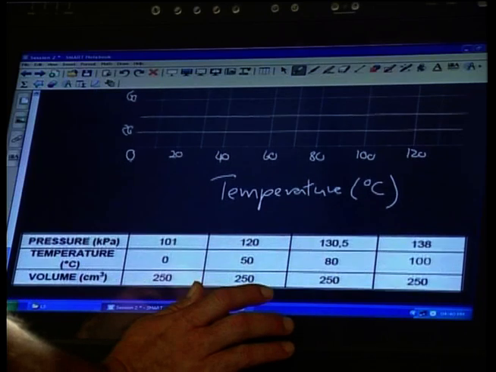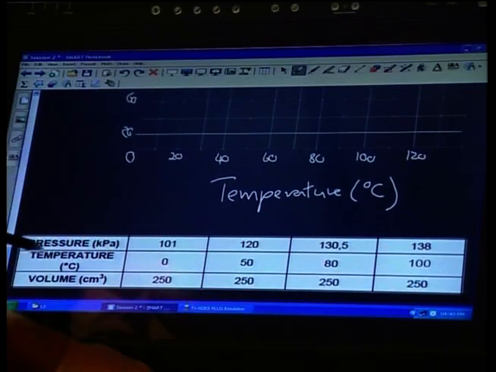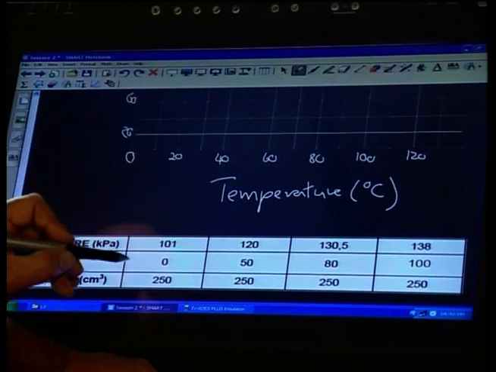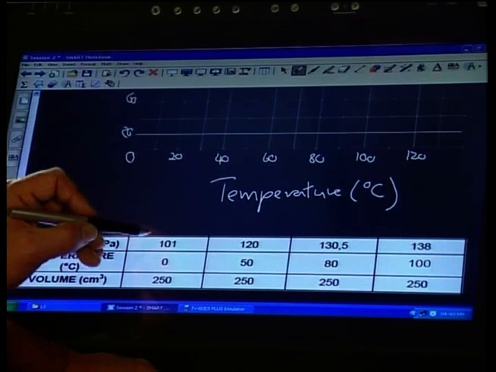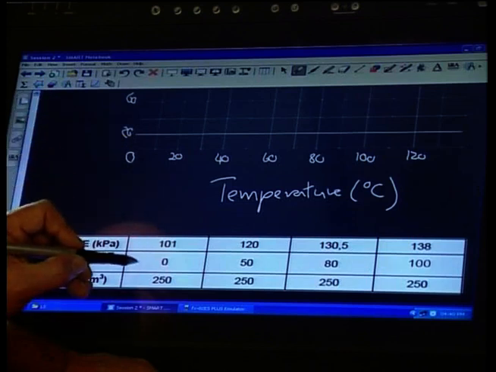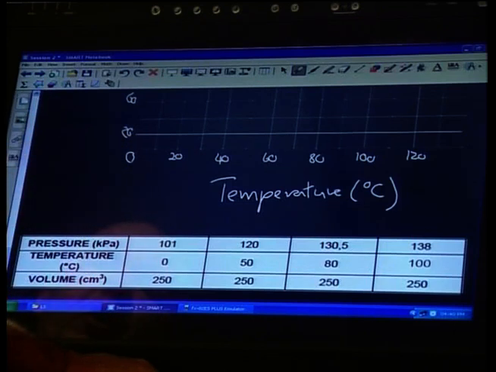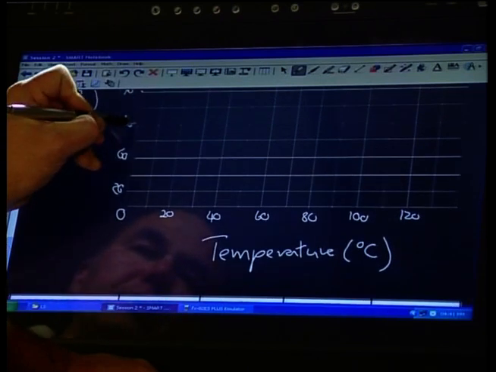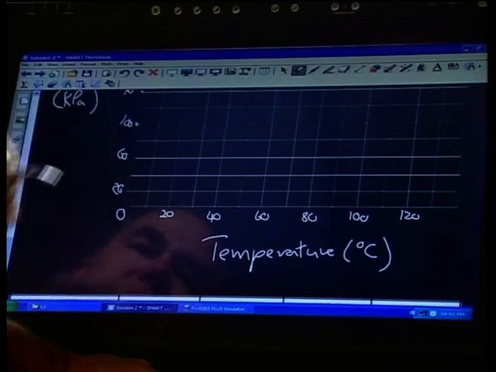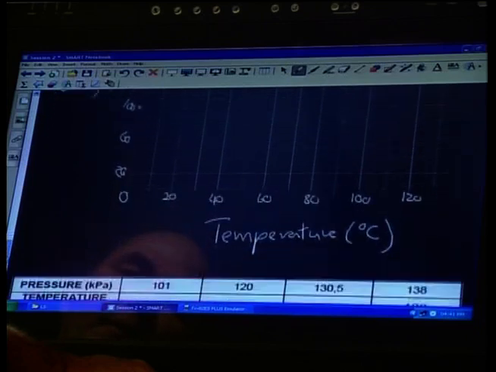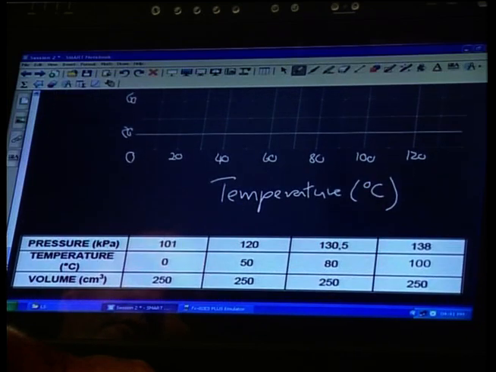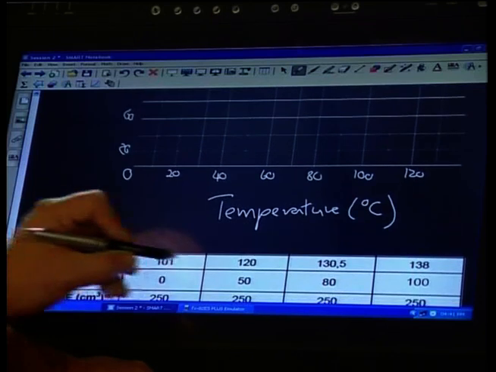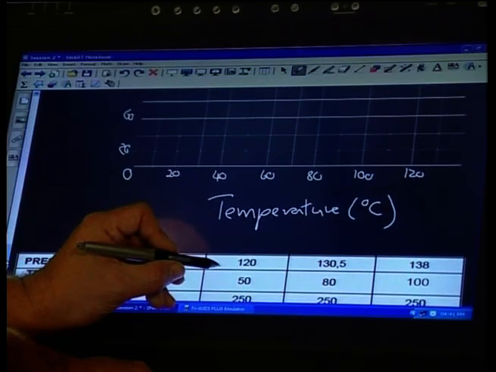So let's make sure that we've got our readings. I've redrawn the table below so we don't get any funny readings. We've got 0 degrees Celsius. We wanted a pressure of 101. So I'm going to put it right over there because it's very close to 100 as my pressure. Okay, next 50, and I want a pressure of 120.